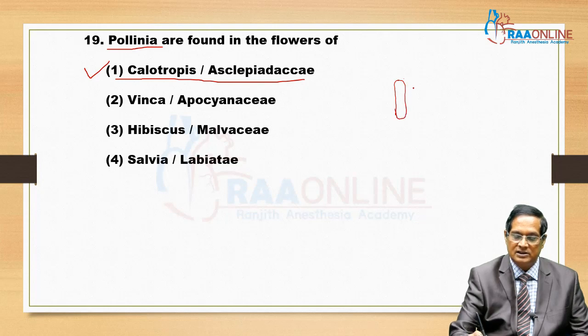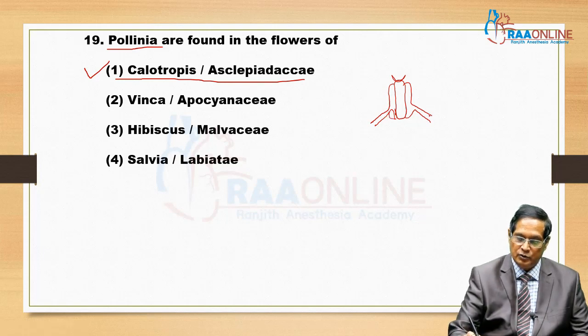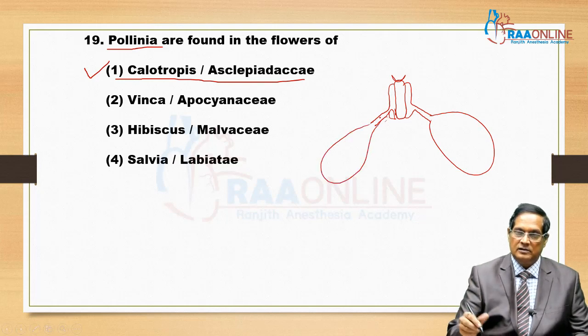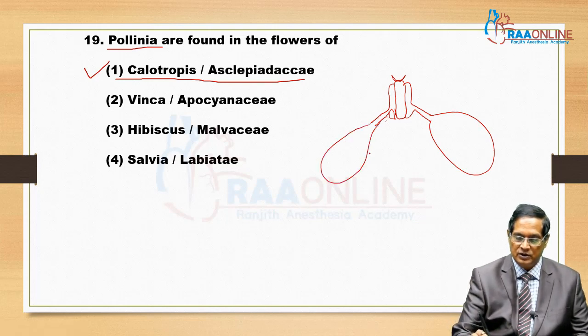This is a sticky disc-like structure, and from this stalk-like structures are formed, and two sac-like structures are there. This structure is known as pollinia. These are the pollinia in which pollen grains are present.